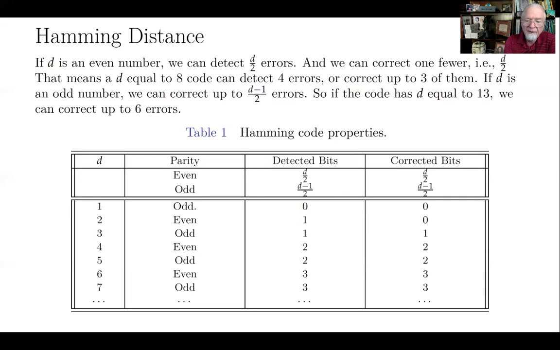If you have 4, you get 2 detected bits and 2 corrected bits. 5, you've got 2 and 2. Even for 6, you get 3 and 3, and odd, you get 3 and 3. So this is the way the simplest Hamming code works, and how many bits you can correct in any code.